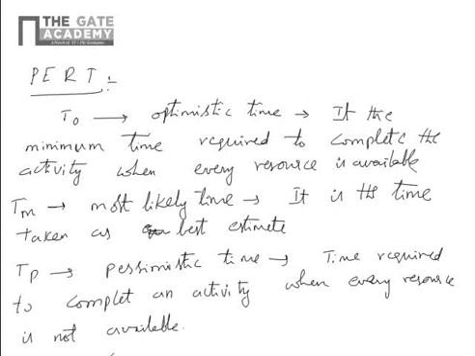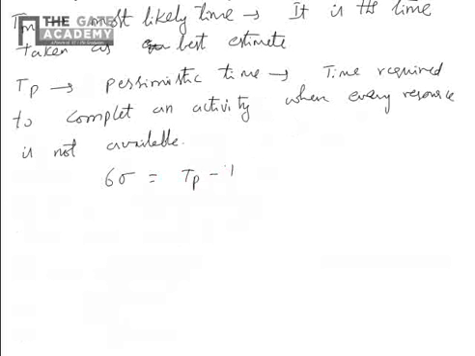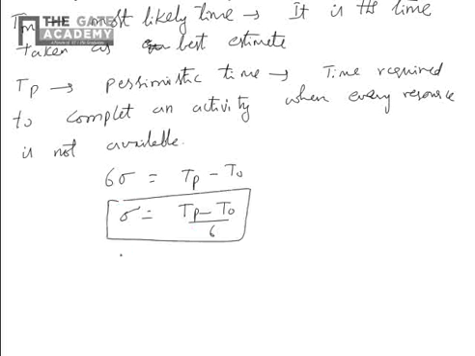6 sigma equal to T pessimistic minus T optimistic. So standard deviation equal to pessimistic minus optimistic by 6. Variance equal to standard deviation square, that is, T pessimistic minus T optimistic by 6 whole square.